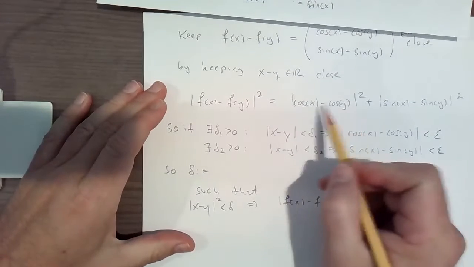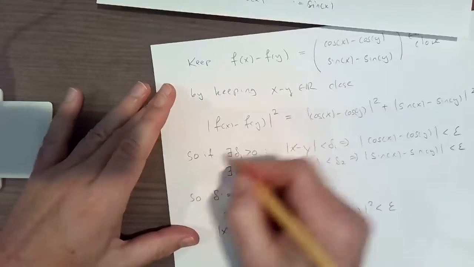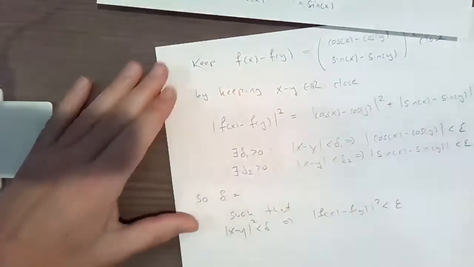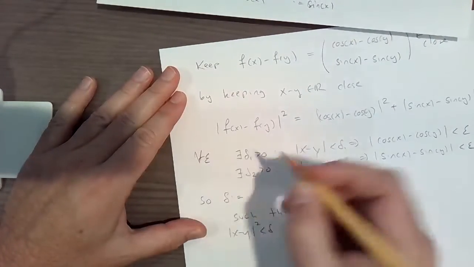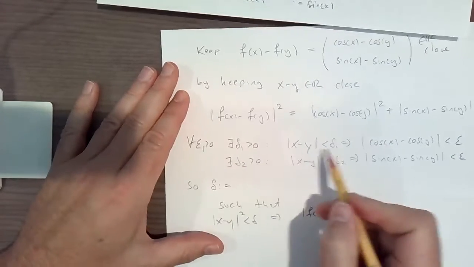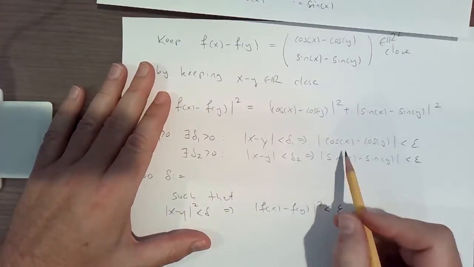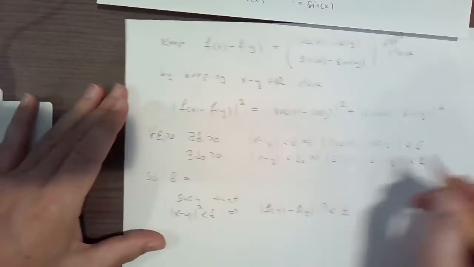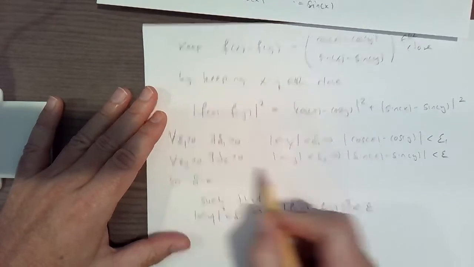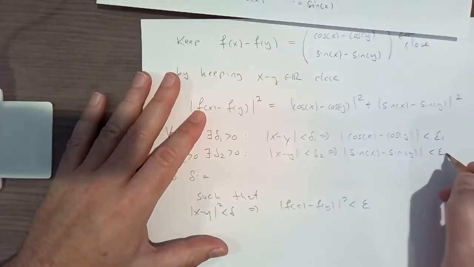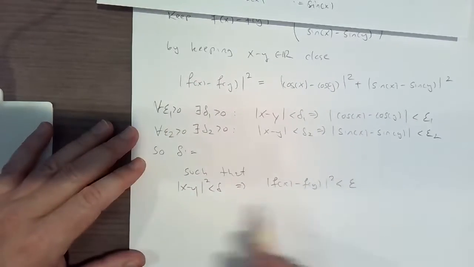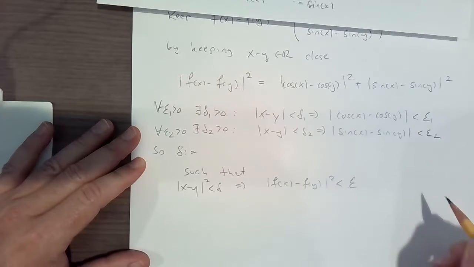If I can prove that cosine is continuous, it means that for any epsilon, so let's call it epsilon 1 bigger than 0, there exists a delta 1 such that if x and y are close to each other, then the points in the image are going to be closer than epsilon 1. For any epsilon 2 bigger than 0, I can find a delta such that I'm going to keep these close, and I'm going to get something here. Now, given an epsilon, what should I do?